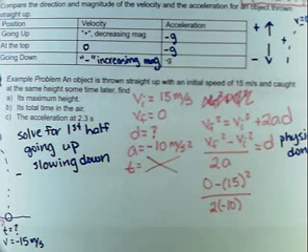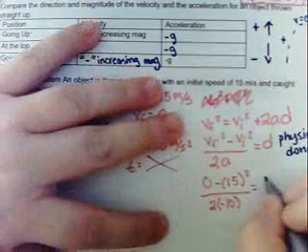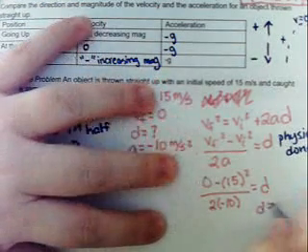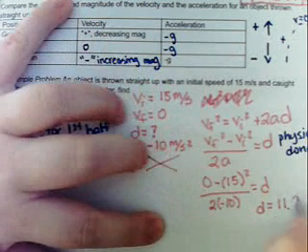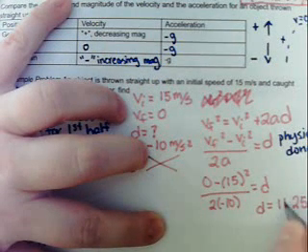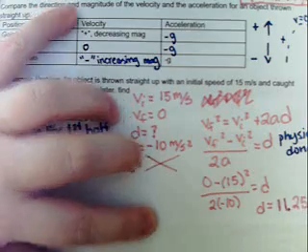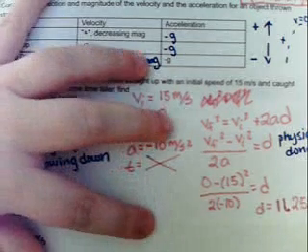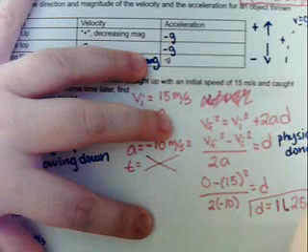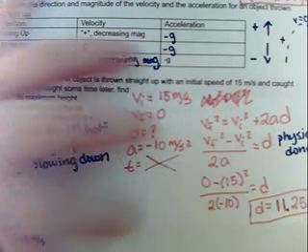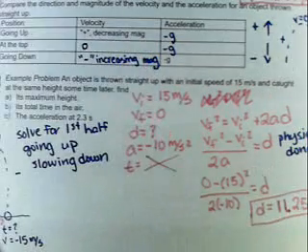But I don't know what 15 squared is off the top of my head. 15 squared is 225 divided by 20. D equals 11.25 meters. That is the maximum height reached, and it is a positive number, so everything works out real nice.